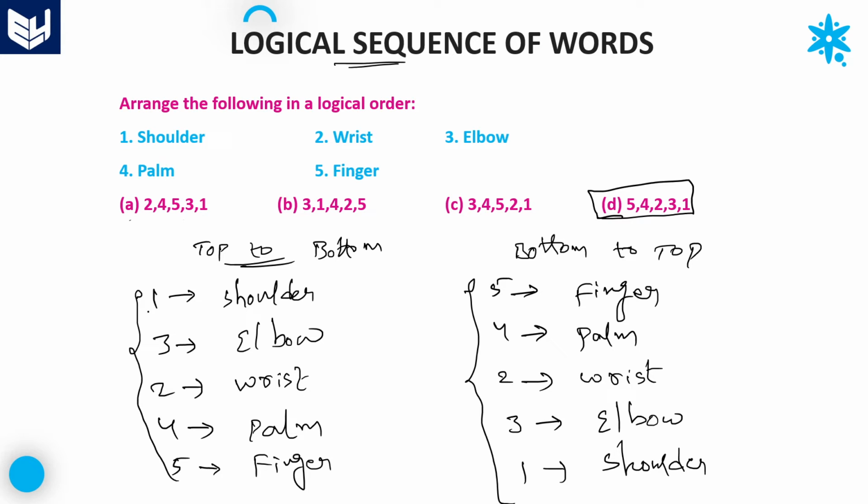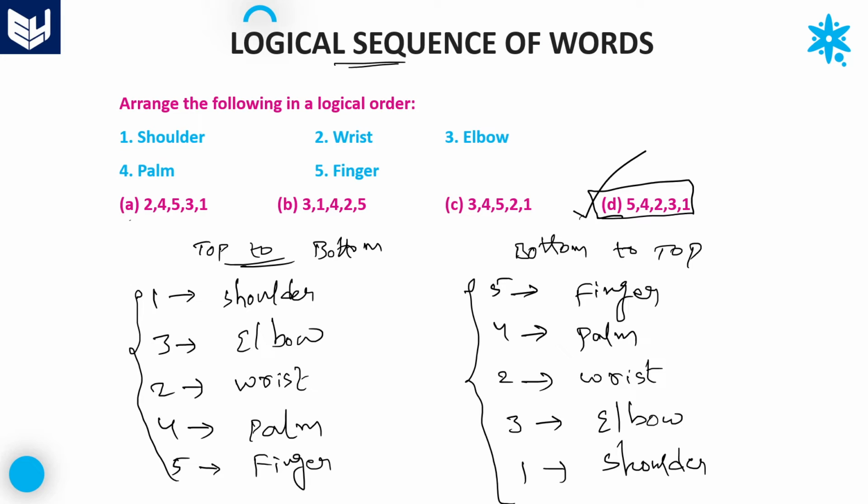No option is starting with shoulder. So here he has taken bottom to top, that is finger, palm, wrist, elbow and finally shoulder. This is the order he has taken. Therefore our required answer is option D.